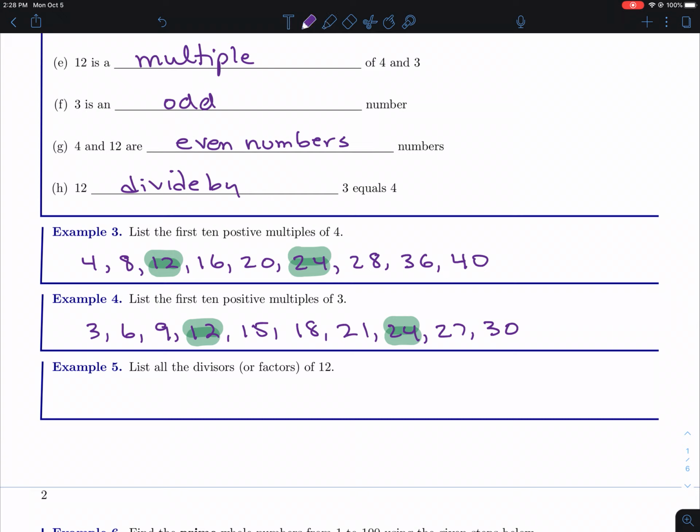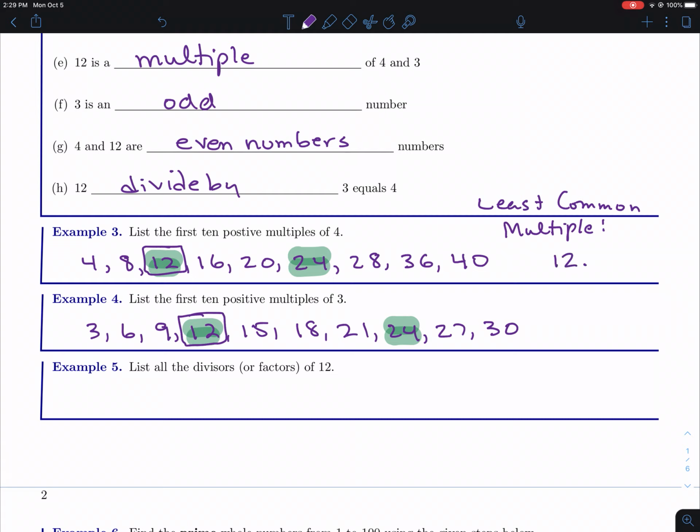But if what we're looking for is the least common multiple, then that means we're looking for the smallest number that both of these guys actually have in common. So in this case, we'd be looking for the one that's the farthest on the left. So in this case, 12 would be the least common multiple of 3 and 4.